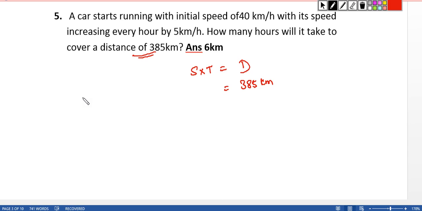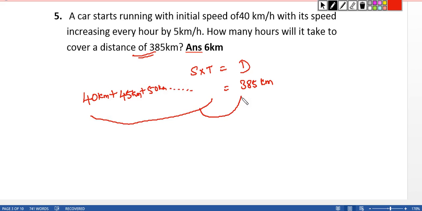So in the first hour it travels 40 kilometers, in the second hour it travels 45 kilometers, in the third 50 kilometers, and it goes on. When we add all these distances, it should come to 385 kilometers.